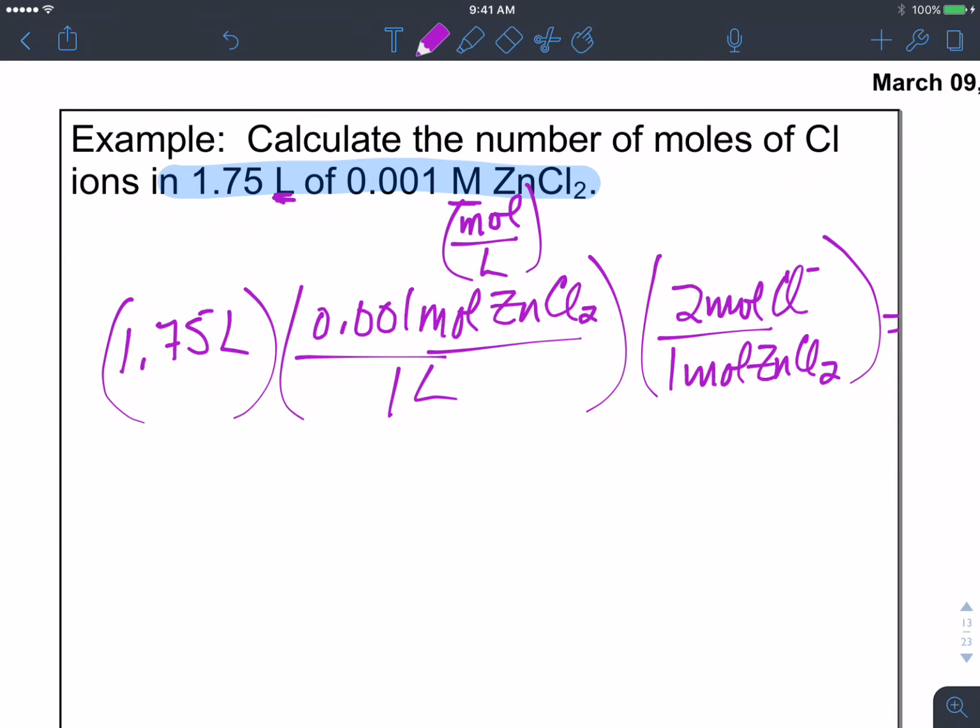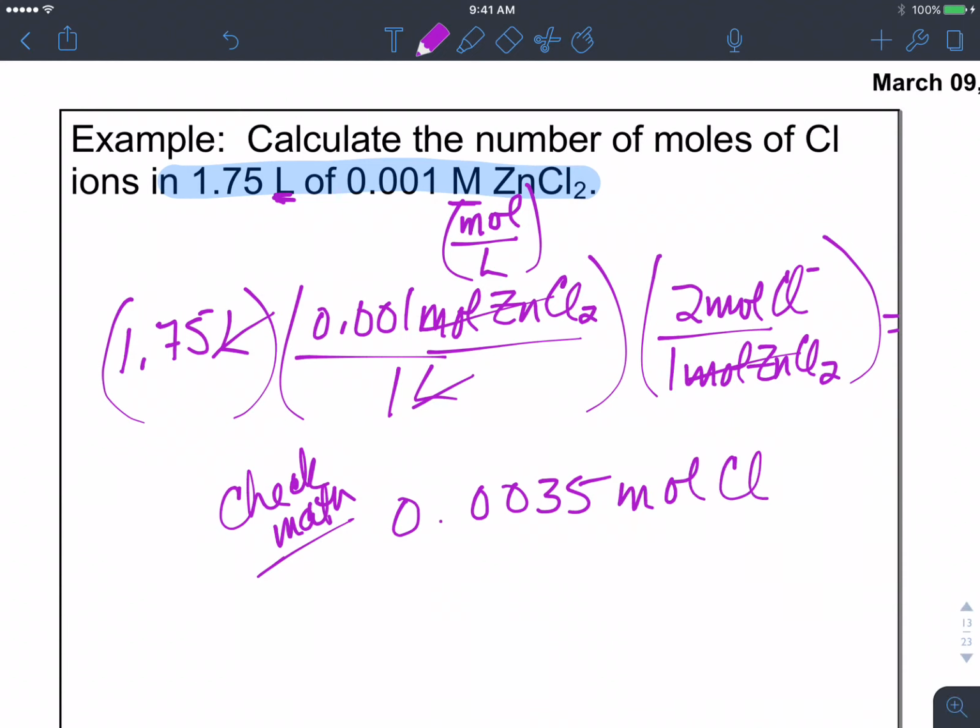And so we multiply across the top, we divide by the bottom, and you should get 0.00, oh, you know something, my math is wrong here. 0.0035? I might be off by a power here. I forgot to multiply by 2 on my work that I did ahead of time. So check my math here. I don't think that's right. I might be off by a power of 10. But if we do all of our crossing off, we know that our units are in moles of chloride ions.